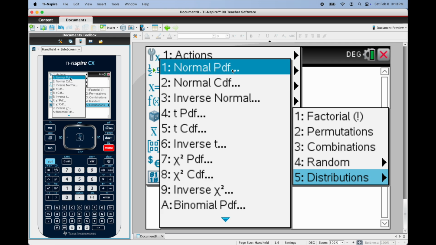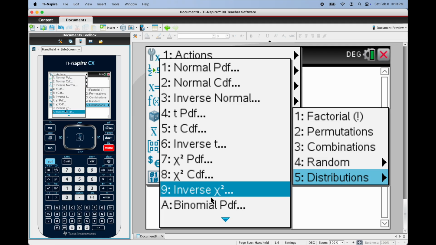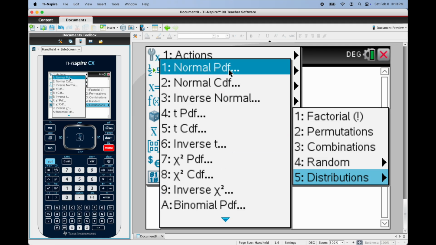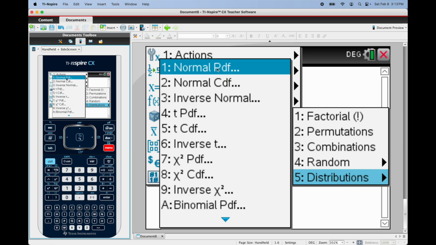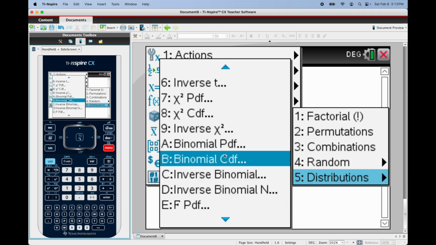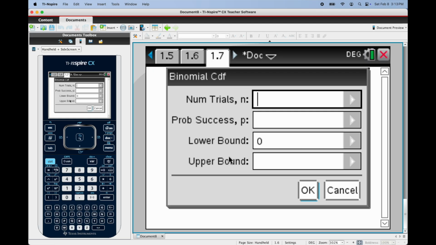Normal PDF actually measures something different than the equivalent binomial PDF. It doesn't measure a range of values up to a certain point or only those values. Normal CDF is all we use, and you can get into problems if you use normal PDF. So I say, use CDF, and that's what I'm going to do here.